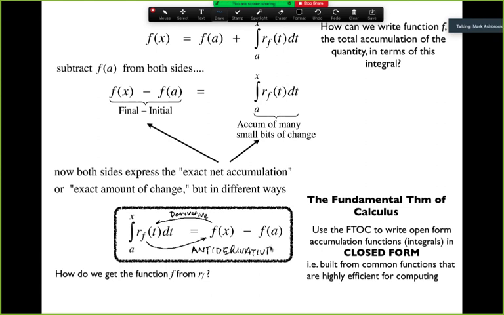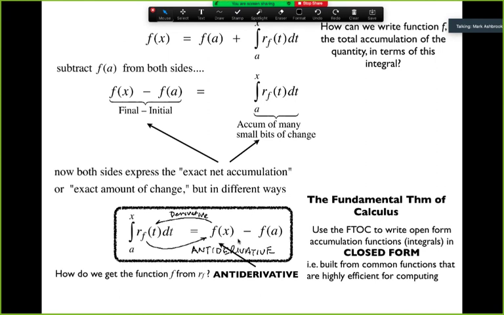So there are two key components to writing open form expressions, net accumulation expressions, in a closed form. The first is the fundamental theorem of calculus, that we're rewriting this net accumulation of changes as final minus initial. That's the first thing, the fundamental theorem.